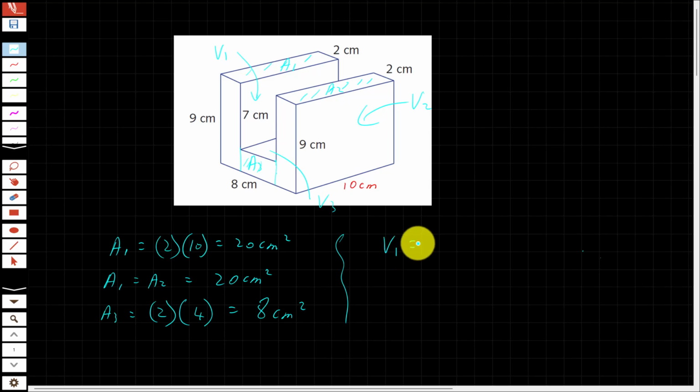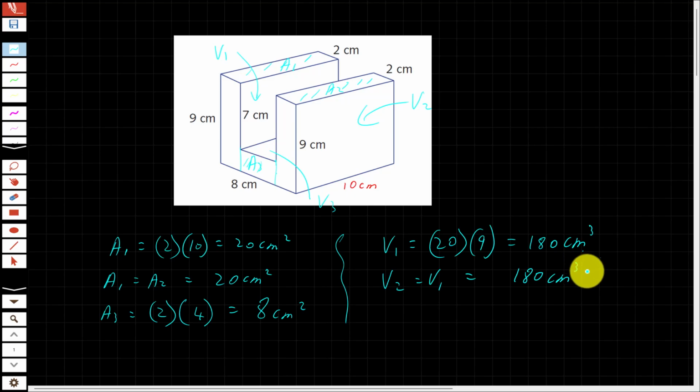So V1 equals A1, which is 20, multiplied by the depth that area goes through the object, which is 9 centimeters, which is 180 centimeters cubed. So cubed for volume, squared for area. Volume 2 equals volume 1, exactly the same left hand and right hand sides, which equals 180 centimeters cubed.